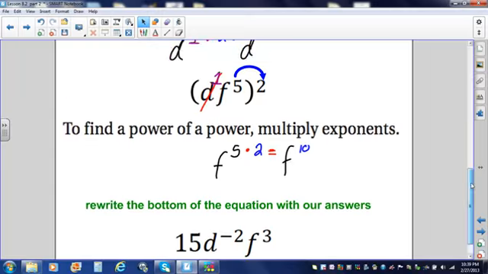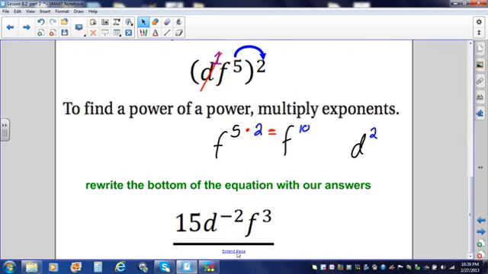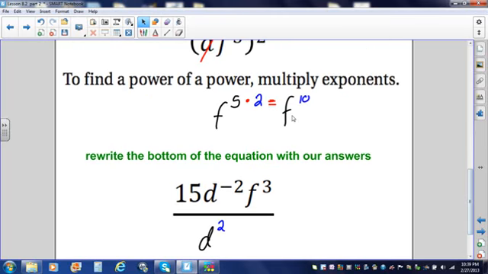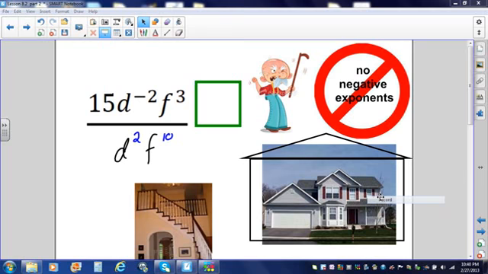So we had an answer of d to the 2nd power, and we had an answer of f to the 10th power. We're moving right along. So this is what my problem looks like now.